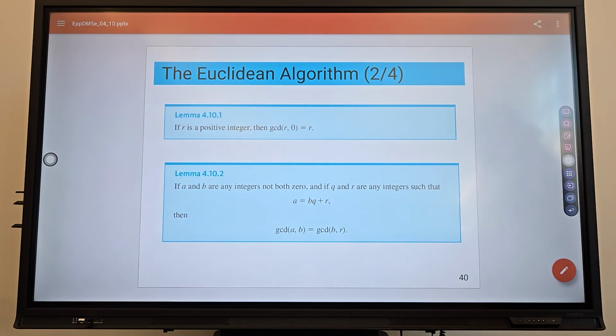If a and b are integers but not both 0, and if q and r are any integers such that a equals bq plus r, then the greatest common divisor of a and b is the greatest common divisor of b and r.